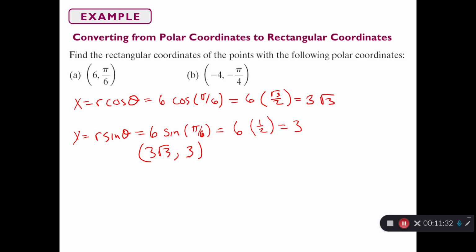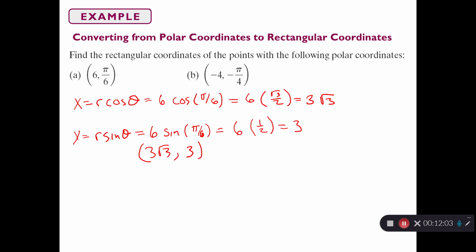All right. So now for B, we have negative 4 comma negative pi over 4. Now that particular point, in polar, should be in quadrant 2. So basically what we need to know is, in rectangular, does our point wind up in the right quadrant?